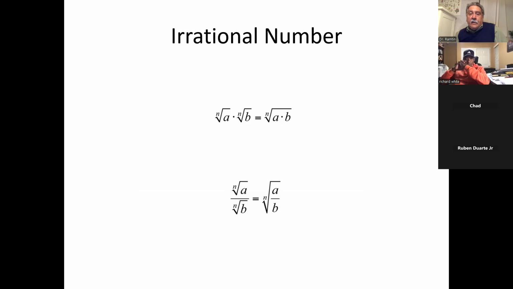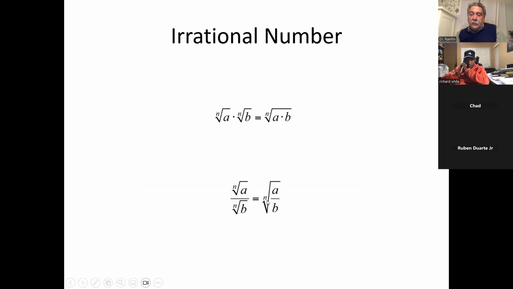Let's say if I have the radical of A times the radical of B, the rule is this: because they have the same principal root, you can just make it into one radical and multiply these two together. And again, if it's a division, again the same.